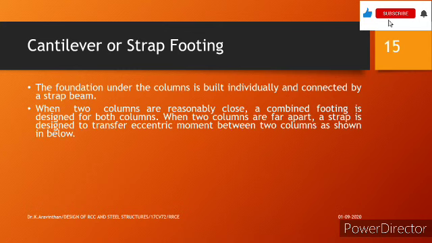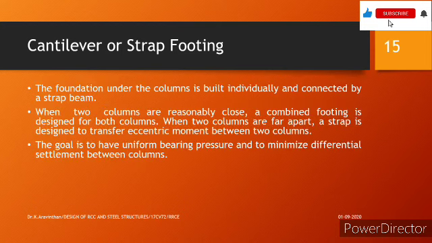When two columns are reasonably close, a combined footing is designed for both the columns, which we very well know. When two columns are far apart, if we cannot go for a combined footing and we need to connect a beam in order to eliminate the differential settlement, we can have a strap beam designed to transfer eccentric moment between two columns.